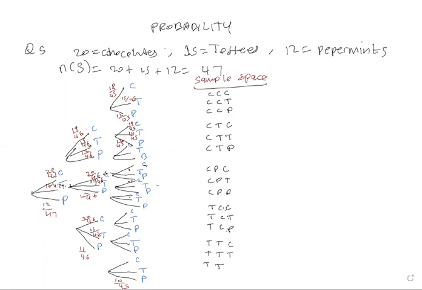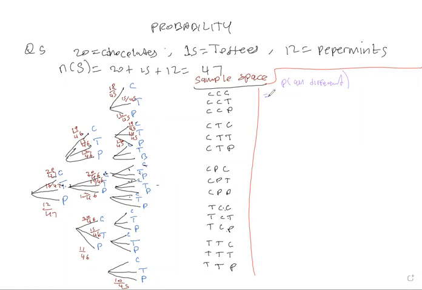So we now answer the question. Okay. We want to get the probability that all are different. So this will be equal to, we just go for where these are completely different, meaning where we have 3 different letters on the sample space.